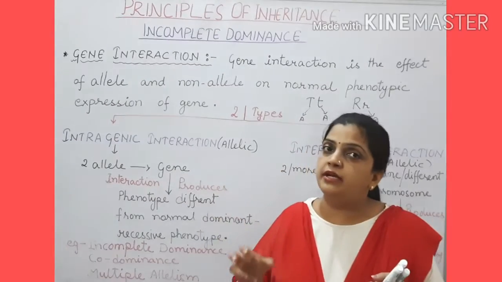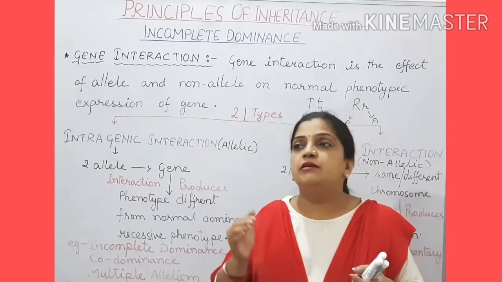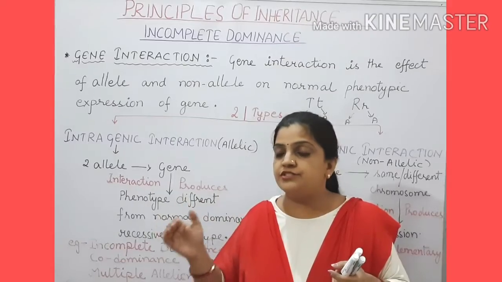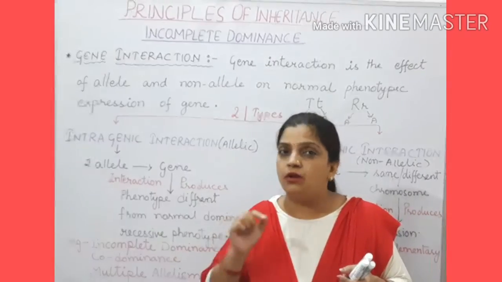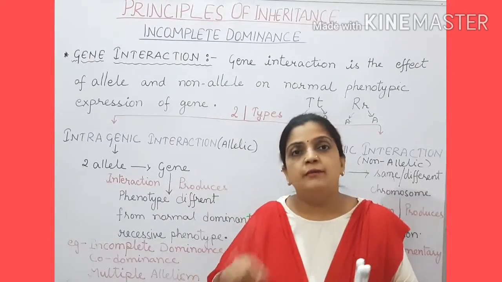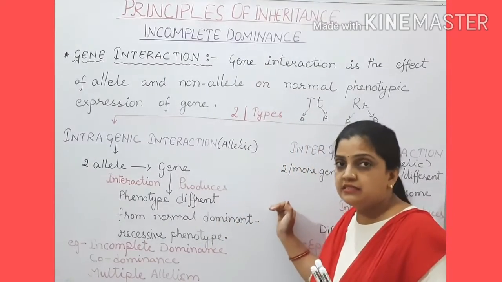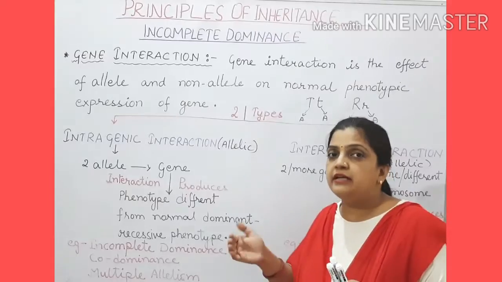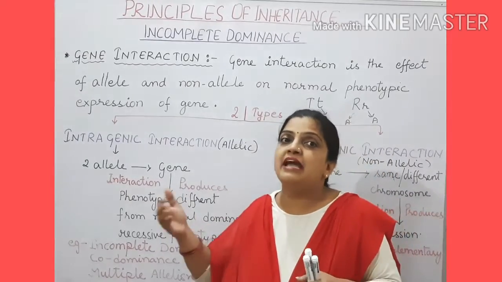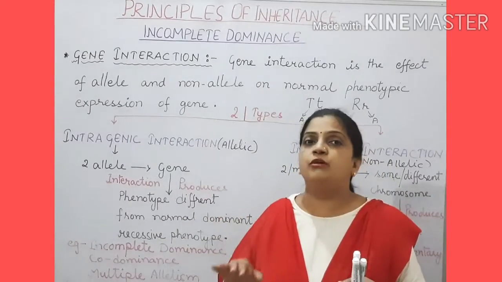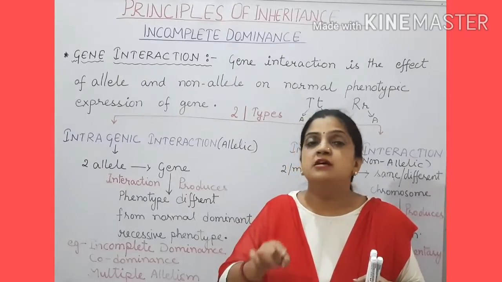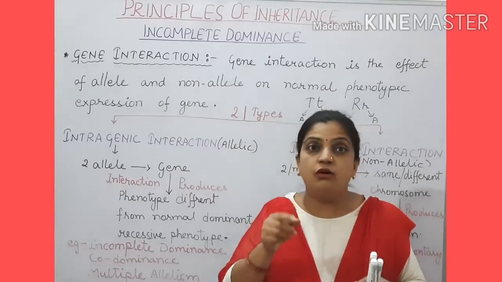The normal result according to Mendel was that the F1 generation plants will be tall, though they were impure, but all the plants were tall. But what is this saying? This is saying that the result in the F1 generation will be something else. It will not be following the rules of Mendel's first law of dominance.